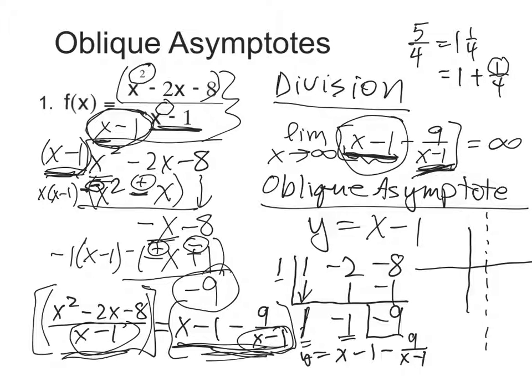Now, to show the oblique asymptote, we can graph the line y equals mx plus b. So our y-intercept would be at 0, -1. Now we don't really want to put points here. We want to reserve the points for the actual function.